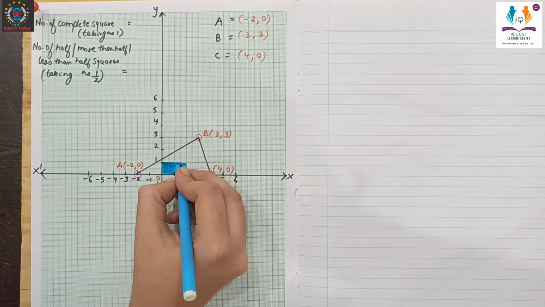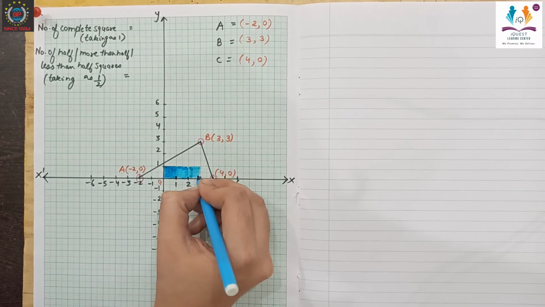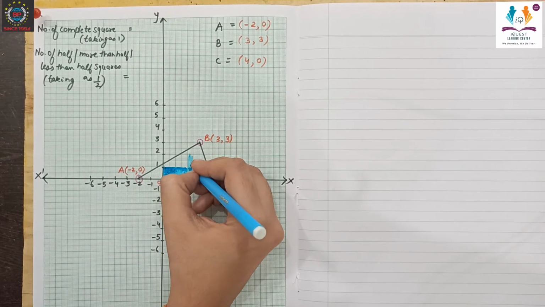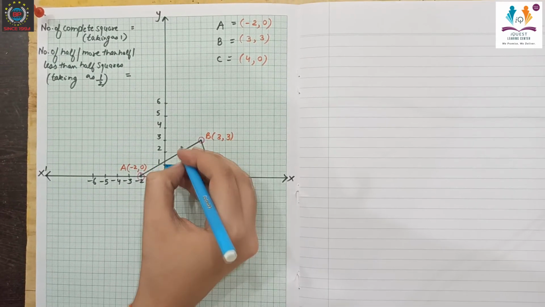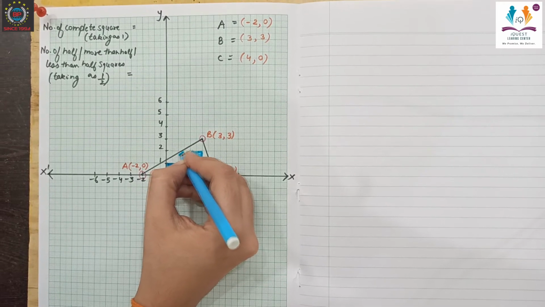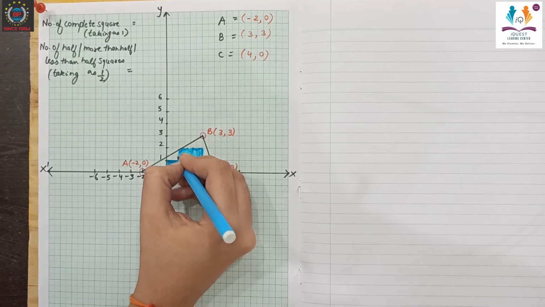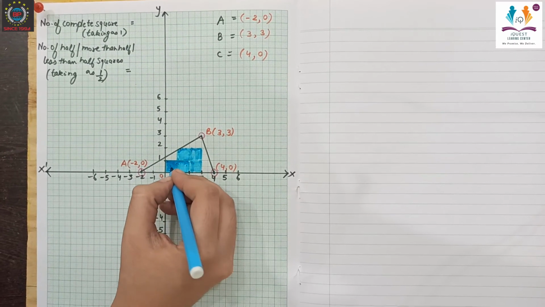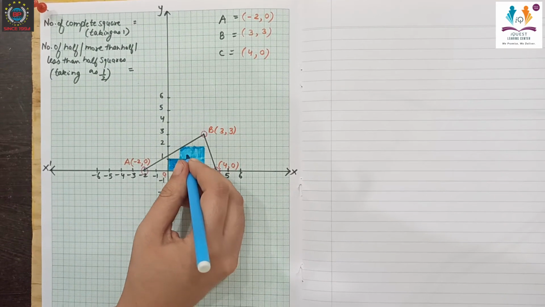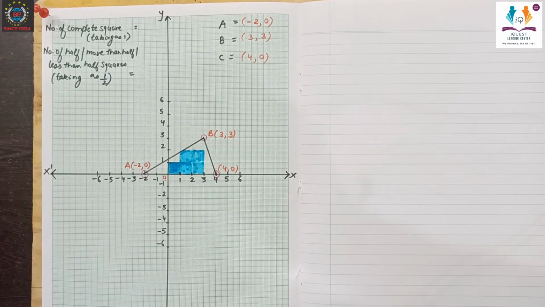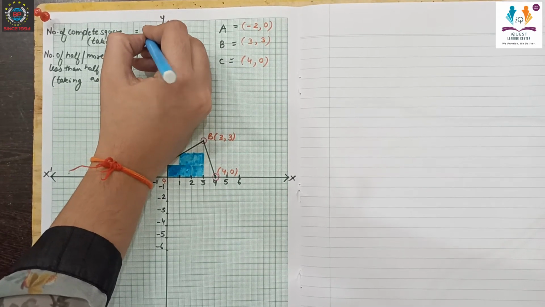Second, third, fourth, I am considering this as full square. So our number of complete squares are 1, 2, 3, 4, 5. So number of complete squares are equal to 5.